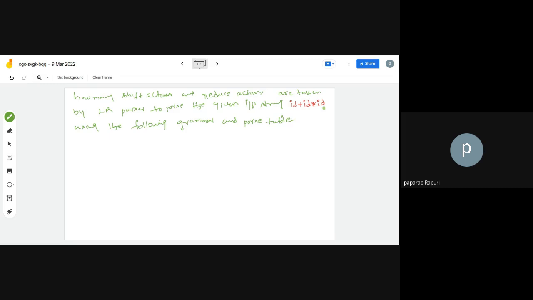Suppose you take the grammar as: E derives E plus E, E derives E star E, E derives ID. So this is the given grammar, sir. And the parse table is given.